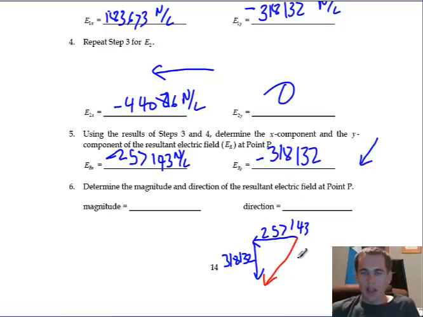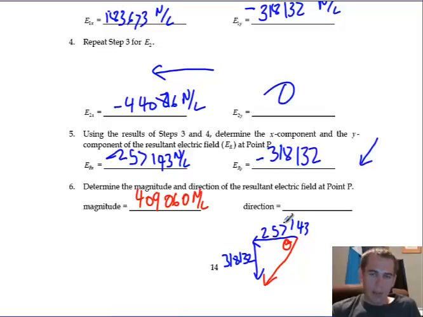It's this way, so we can use the Pythagorean theorem: 257,143 squared plus 318,132 squared, and square root that. That gives us a magnitude of 409,000.60 newtons per coulomb.